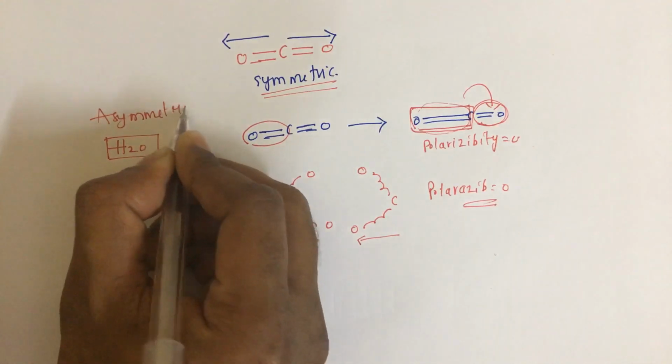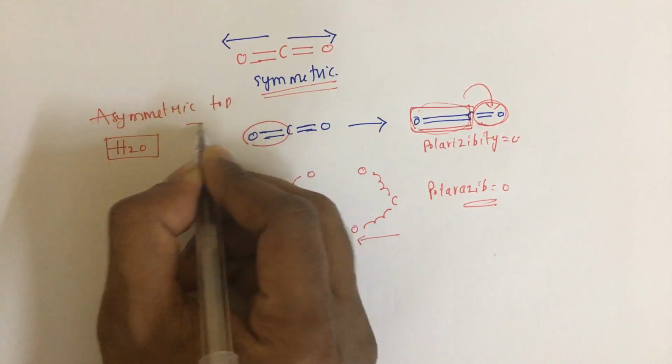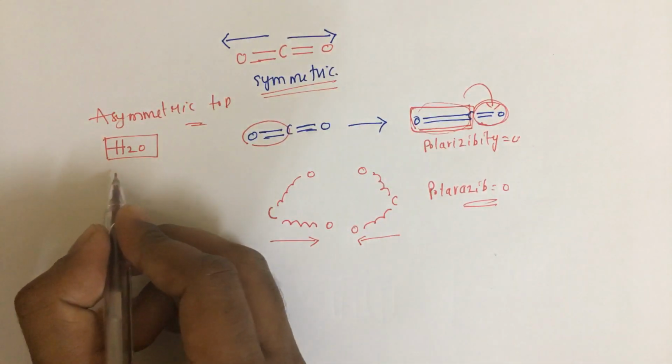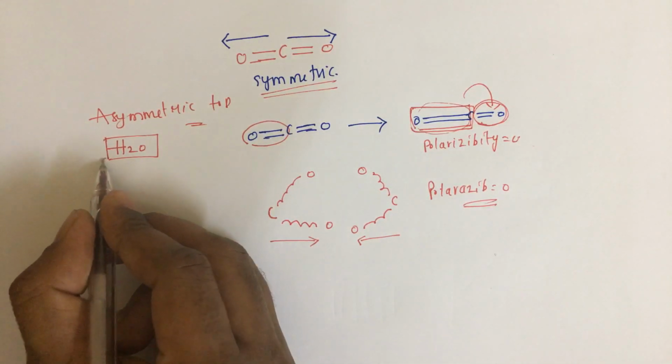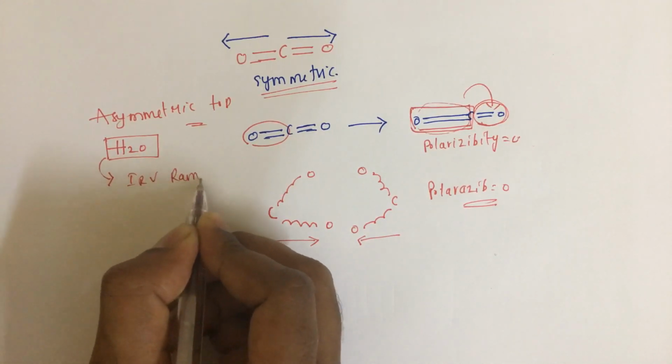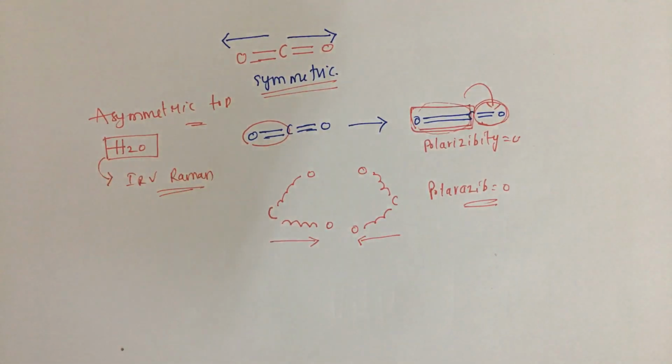The mutual exclusion principle is applicable only for linear molecules. For asymmetric molecules, the bands are active in both IR as well as Raman. This is about the classical theory, and now we'll go for the quantum theory of Raman spectra.